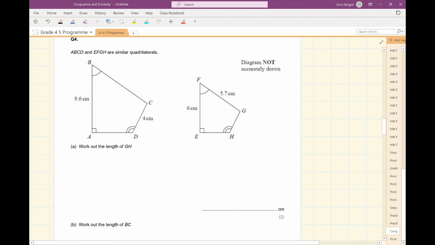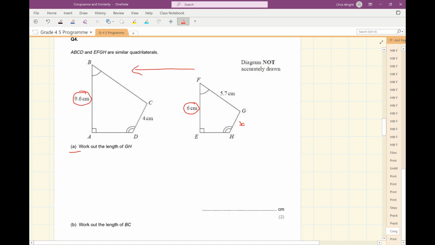Question 4. I've got 2 similar quadrilaterals here, and I'm asked in part A to work out the length from G to H, which is that length there, isn't it? Now, what's the scale factor here? Well, I see that that's 6, and the corresponding length on the larger one is 9.6.